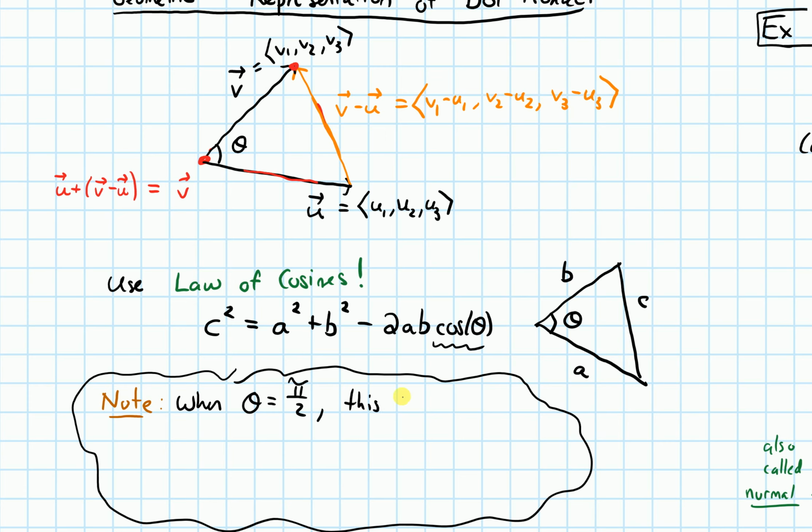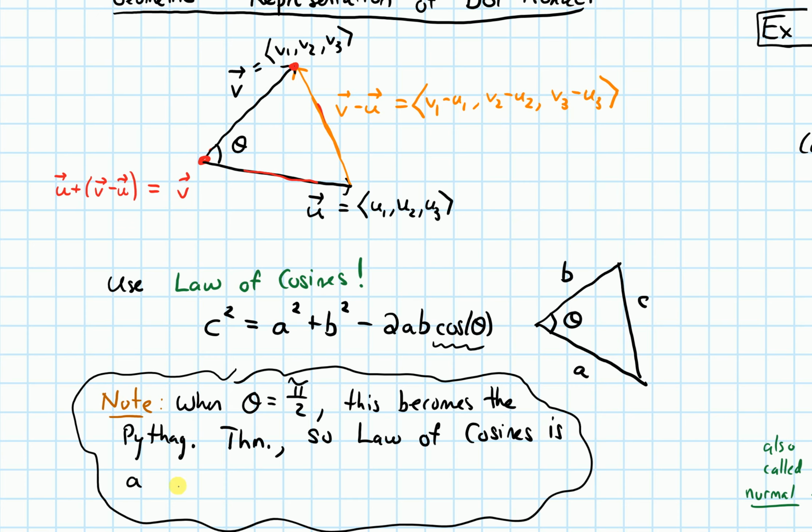This becomes the Pythagorean theorem, which means the law of cosines is a generalization of the Pythagorean theorem.